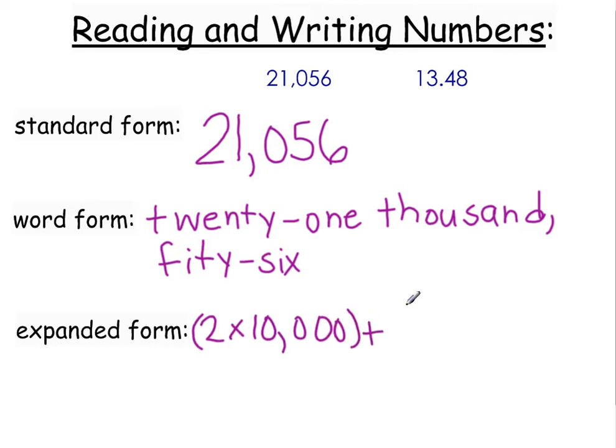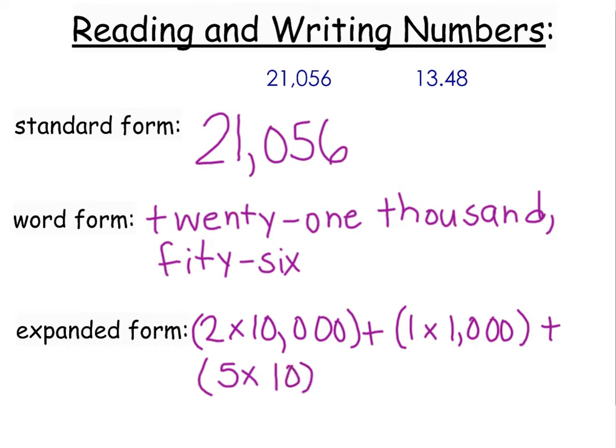We're going to add that to 1 times 1,000, which is 1,000. Now there are 0 100s, so we could do 0 times 100 or leave it out. Either way works. 5 is in the tens place, so that's the same as saying 5 times 10, which is 50. And we're going to add that to 6 times 1, which is 6. And this is how we're going to write expanded form.